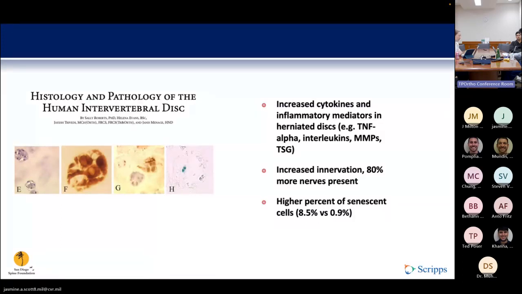And additionally, I thought this was really interesting, and they show this histologically actually in this paper as well, but there's increased innervation in degenerated discs. So there's actually more nerves present as the disc degenerates, and a higher percent of senescent cells, so 8.5% in the degenerated disc versus 0.9% in the normal healthy discs. And then G and H are supposed to just be showing that, so H showing that there's more senescent cells.